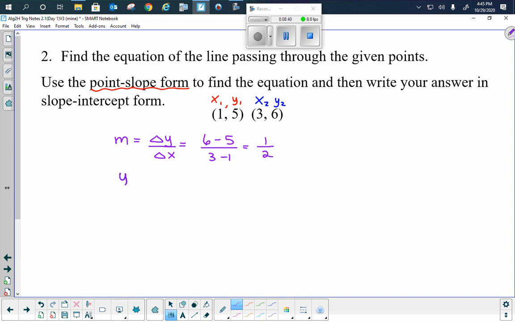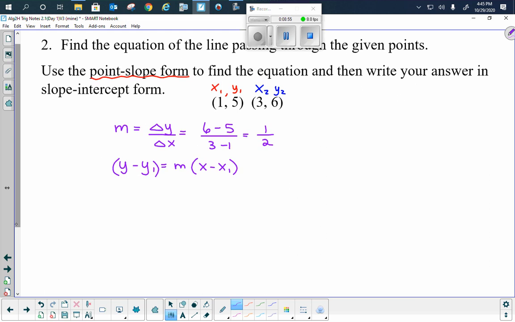And then this is the format I'm always going through. This is point slope form: y minus y1 equals slope times x minus x1. Let's do a little color coding here. Let's say I would go ahead and use this point here, the 1, 5, for my x1 and y1.